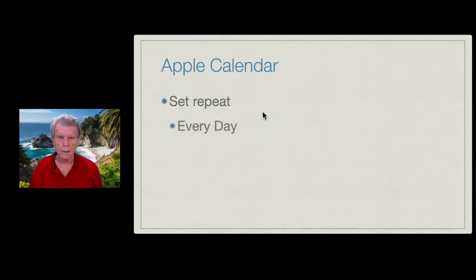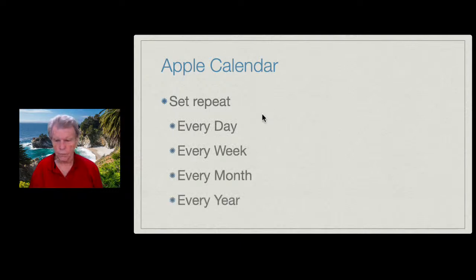So you can repeat every day, every week, every month, and every year. Obviously you'd use the year for birthdays, month for monthly meetings, week for weekly meetings, and a day for maybe a conference that's going to be 2 or 3 days. You could set that up with one entry and have it show up on each day of the conference.